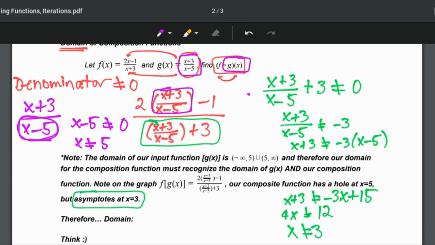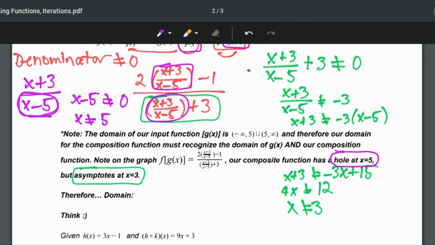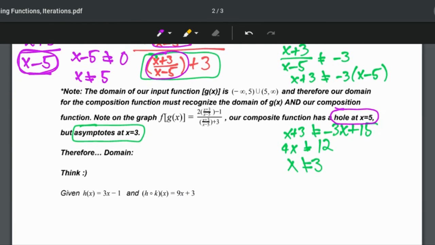All right, but if you notice that something happens in the numerator and denominator, if you have something in the top and bottom, that produces a hole as opposed to an asymptote. In any case, the domain has to be restricted, and you can't have 5 or 3. Which would mean that we can have any number from negative infinity until 3, but not including 3.